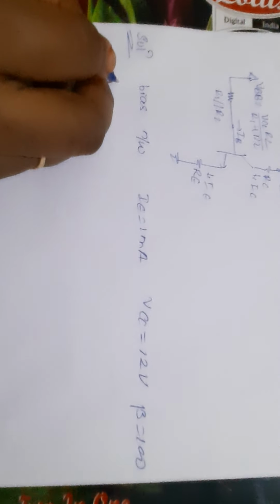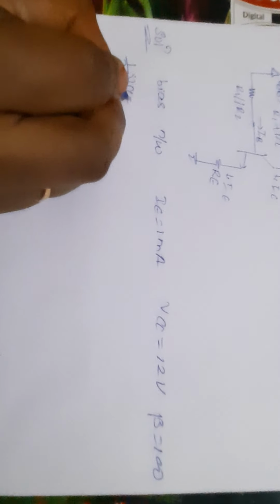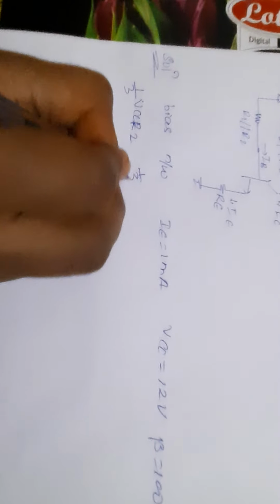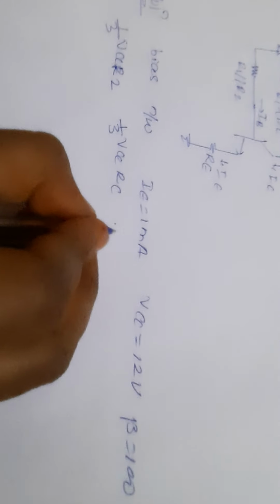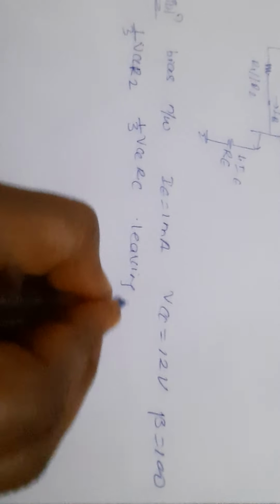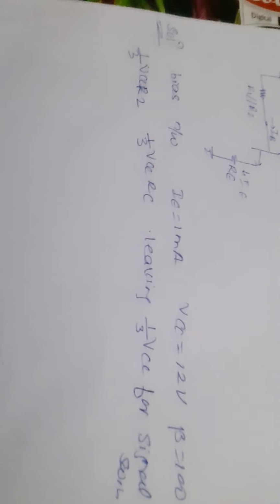These are the rules we have to follow. 1/3 VCC across R2, 1/3 VCC across RC, leaving 1/3 VCC for possible signal swing. Two rules are there, no? This is the first rule: 1/3 VCC for R2, 1/3 VCC for RC.